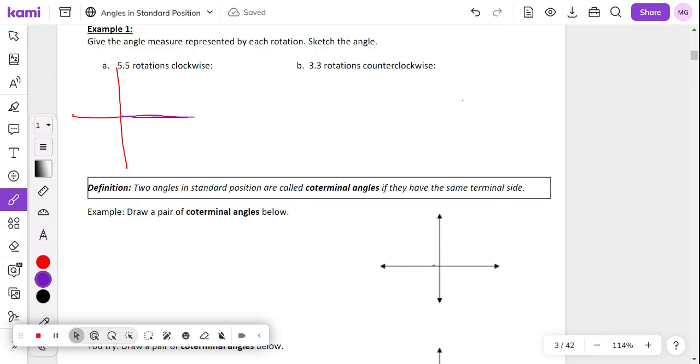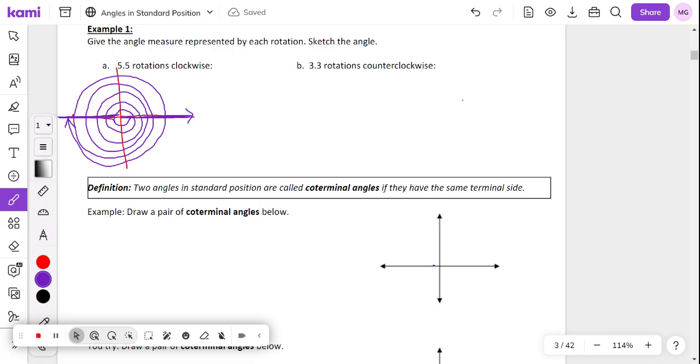So again, here's our initial side, not negotiable. And now we're going to show 5.5 rotations around the circle. So we start here and we go 1, 2 full rotations, 3, 4, 5 and a half.